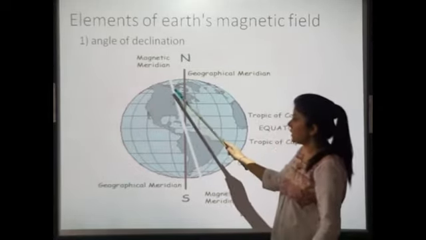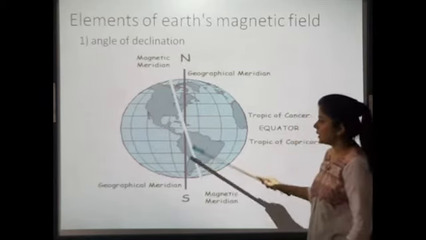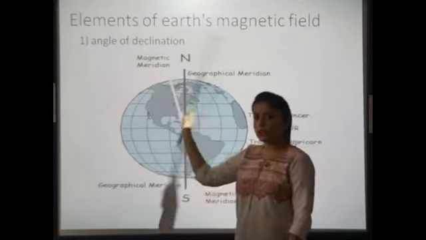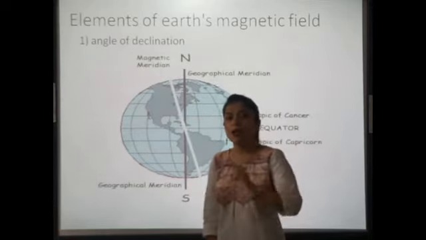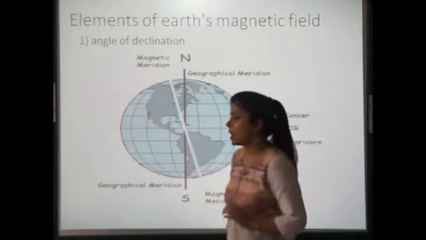Over here lies the south pole of the Earth's magnet, over here lies the north pole. The angle between these two lines is known as the angle of declination, which was 11.5 degree. I told you it keeps on changing with time. It is denoted by alpha.